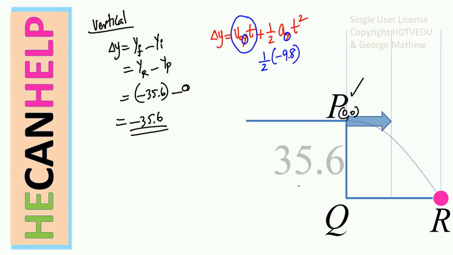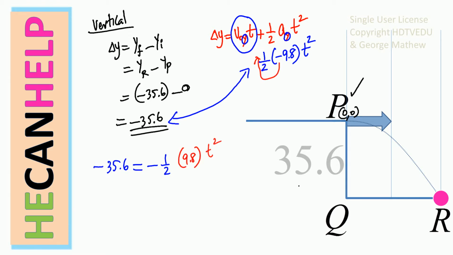Do we know the time to go from point P to point R? No. So we just keep it as the unknown. Please don't forget, it is the square of t. So t squared. We equate these two, and what do we get? Negative 35.6 equals negative 1/2 times 9.8 t squared.